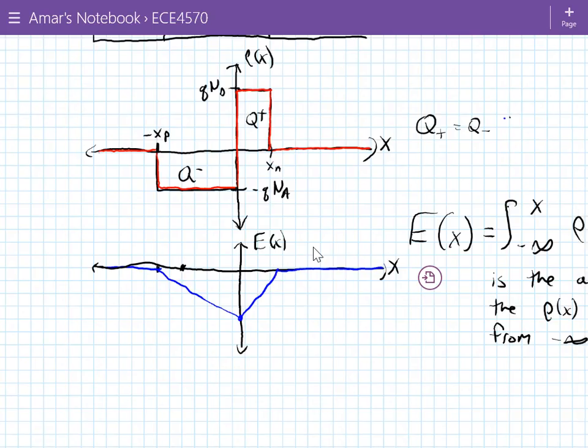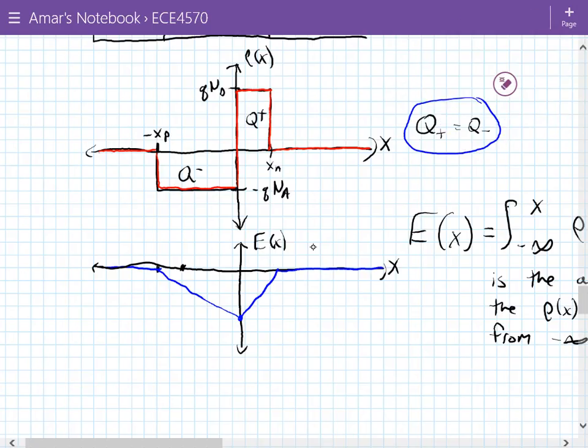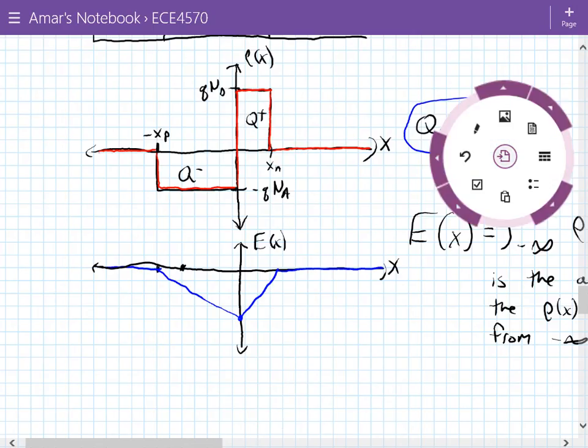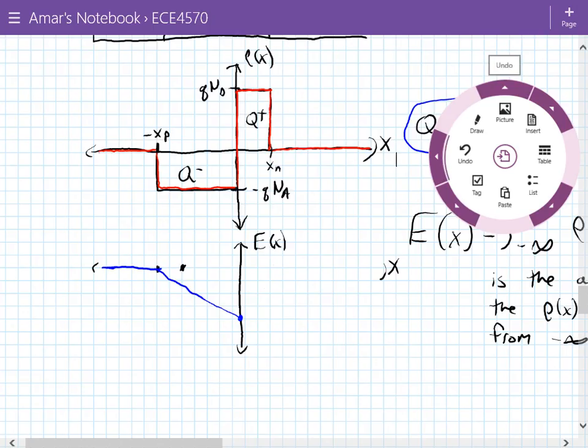Yeah, that's why I put this up here, because my drawing skills aren't great. As you can see, there's a reason I'm an engineer, not an artist. But I hope you can follow along. All right, so basically, how do I undo? I think there's an undo. There we go.